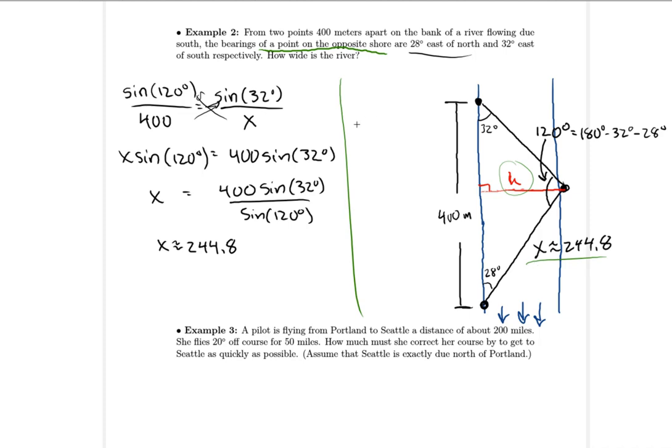So I'll say the sine of 28 degrees is going to be equal to h over 244.8. So that means 244.8 times the sine of 28 degrees, that's my h, which is approximately 114.9 meters.